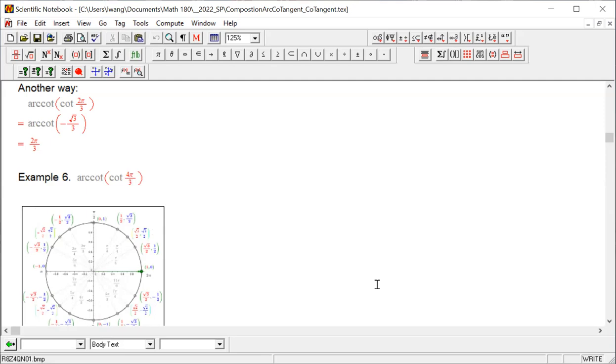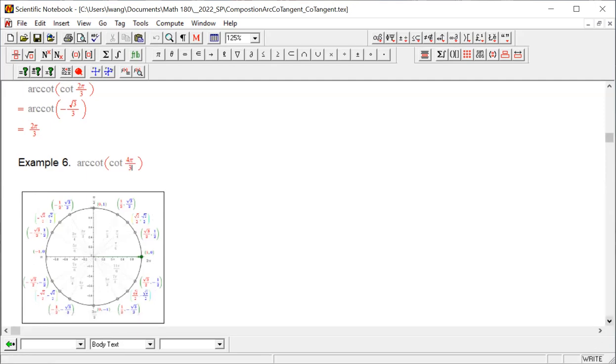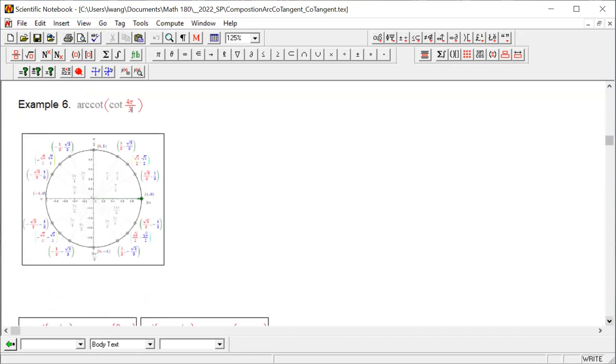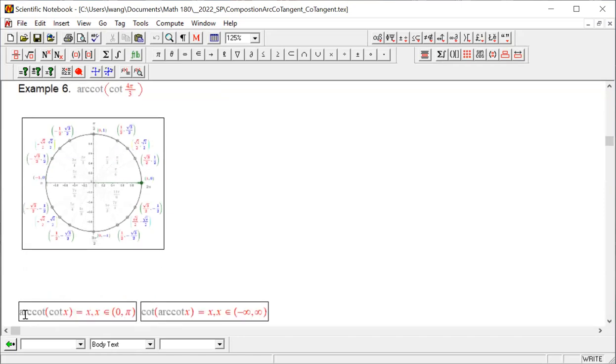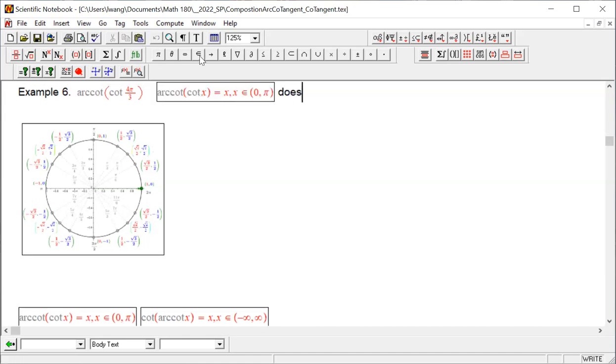In this case, the shortcut doesn't work, because 4 pi over 3 does not apply. So then what do we do?